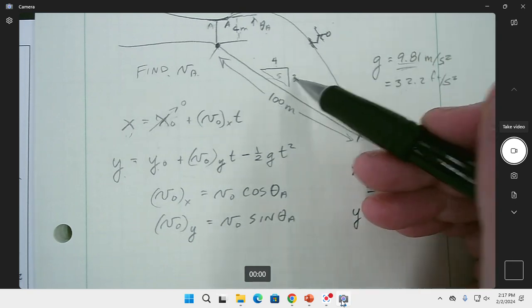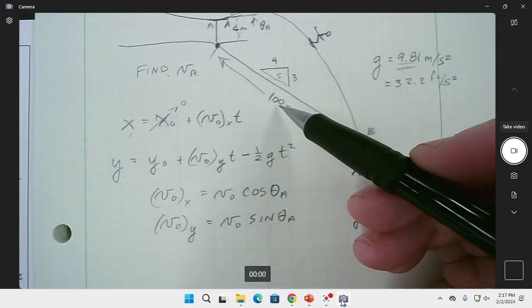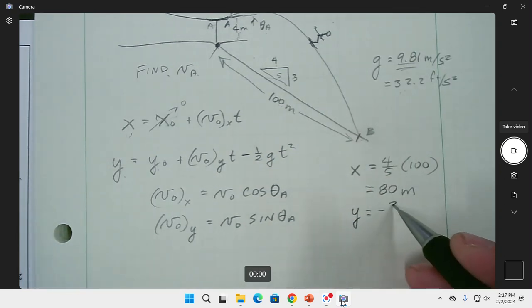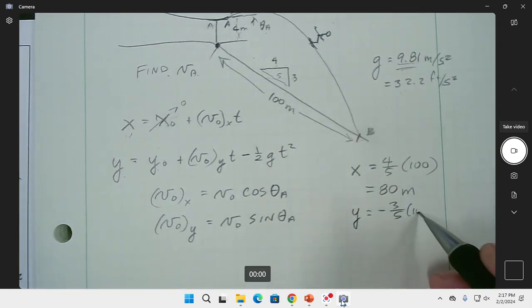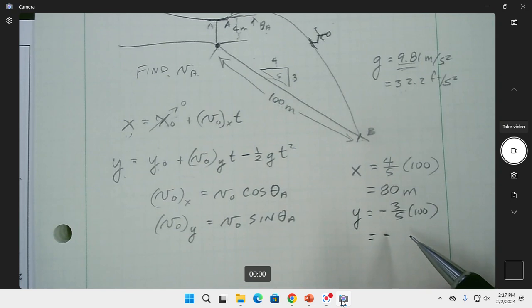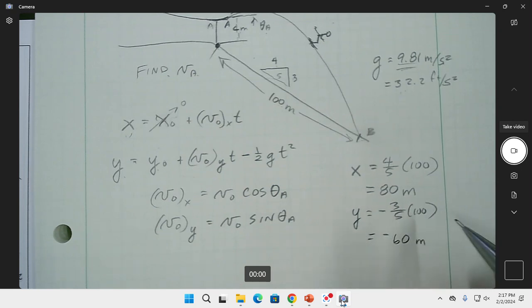So that should be negative 3/5 times 100. What should it be? What's the 60? Negative 60, right?